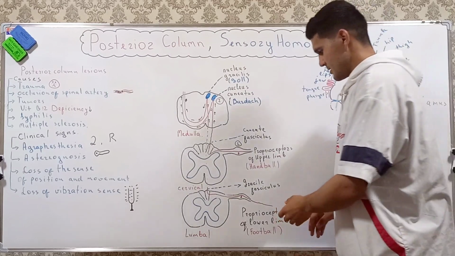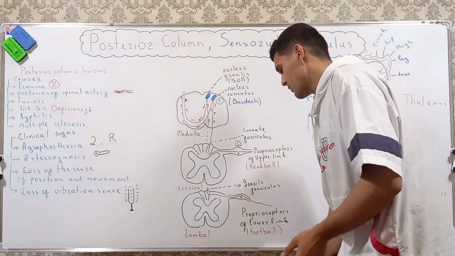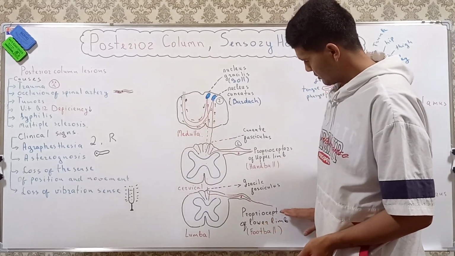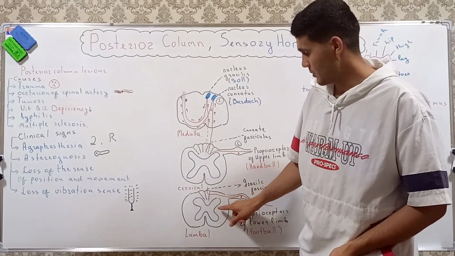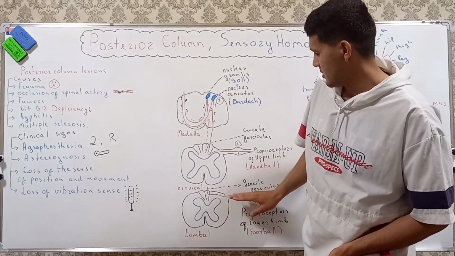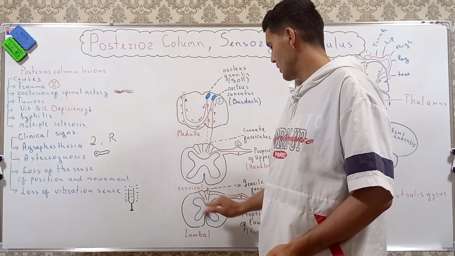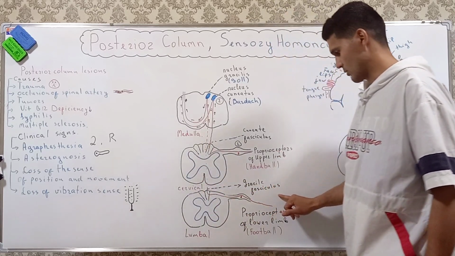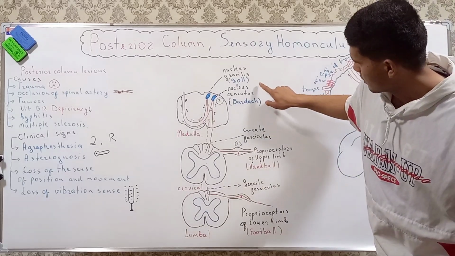The proprioceptors from the lower limbs enter the spinal cord without entering the gray matter, pass through the white matter and ascend via the fasciculus gracilis, which we can call the goal.